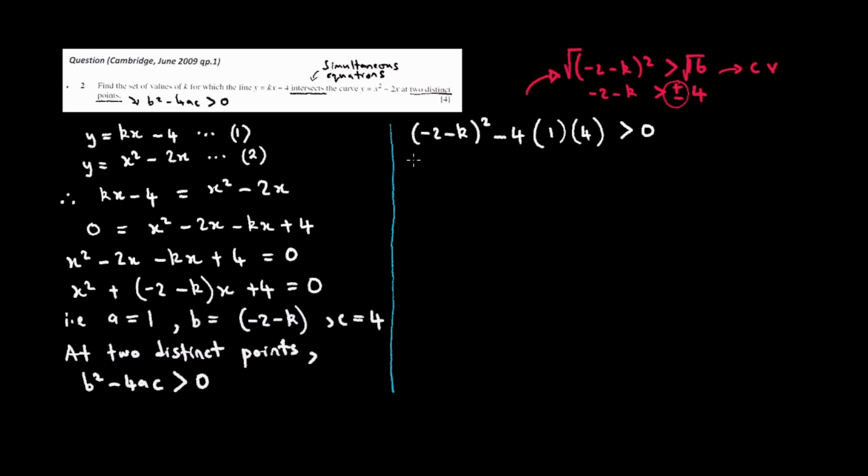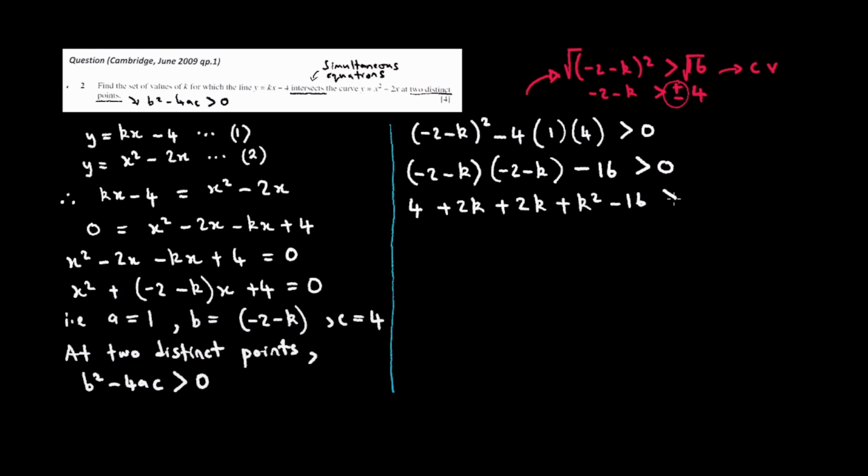So I'm going to explain it. Please bear with me. But what is happening here? So here, we are going to expand this part. And then of course minus 4 times 1, that's minus 4. Minus 4 times minus 4, it's minus 16. And this is greater than 0. If we do our expansion, minus 2 times minus 2 is 4, minus 2 times minus k is plus 2k, minus k times minus 2 is plus 2k, minus k times minus k is plus k squared, minus 16 greater than 0.